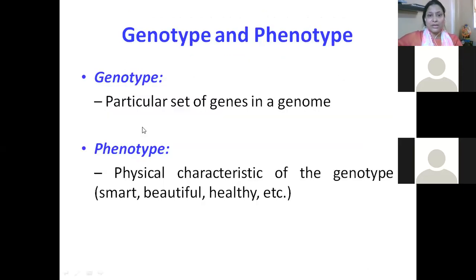Now what is genotype? Genotype is a particular set of genes in a genome, and phenotype is a physical characteristic, such as smart, beautiful, healthy, etc. And there is also genetic disorder.